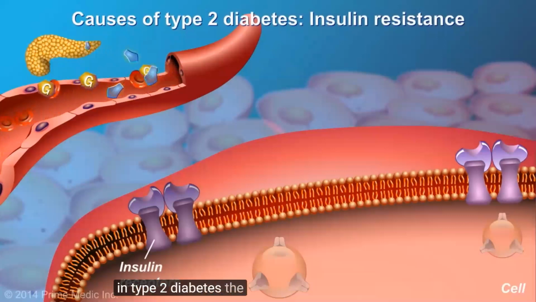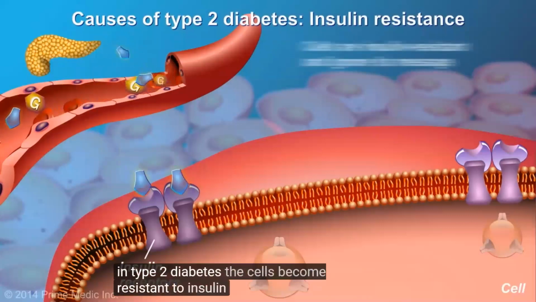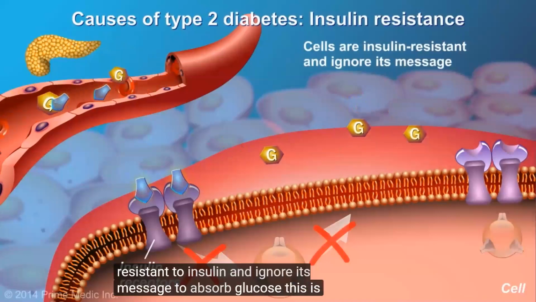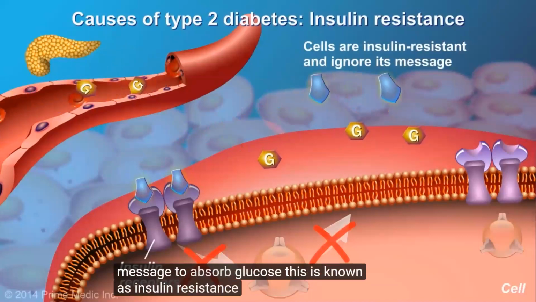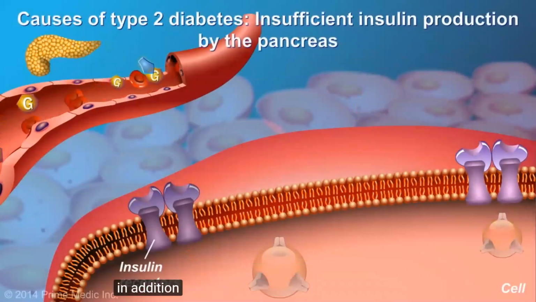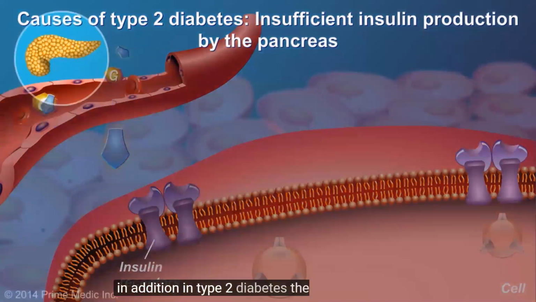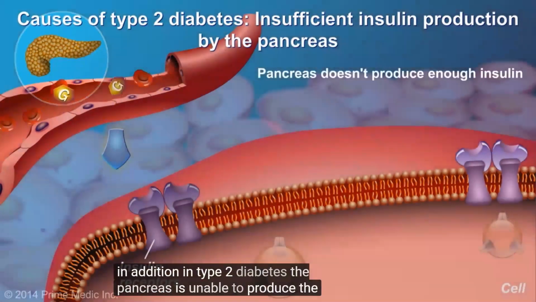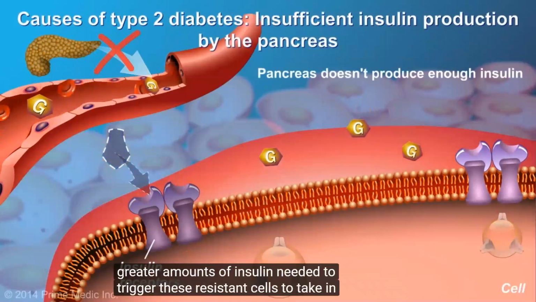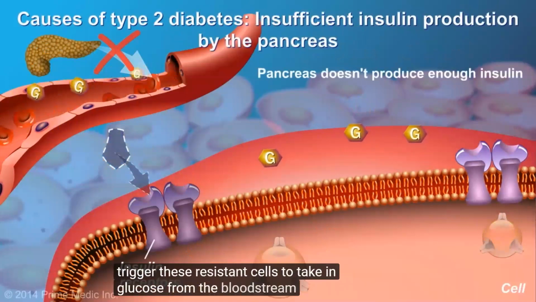In type 2 diabetes, the cells become resistant to insulin and ignore its message to absorb glucose. This is known as insulin resistance. In addition, the pancreas is unable to produce the greater amounts of insulin needed to trigger these resistant cells to take in glucose from the bloodstream.